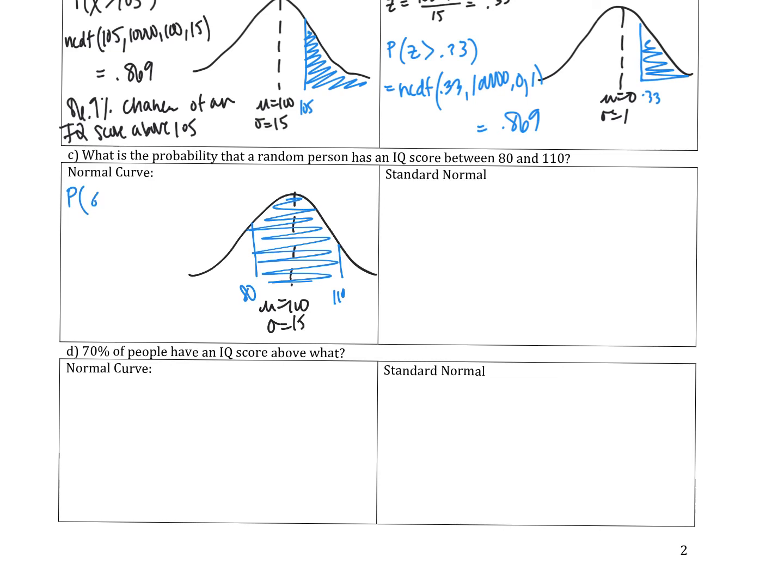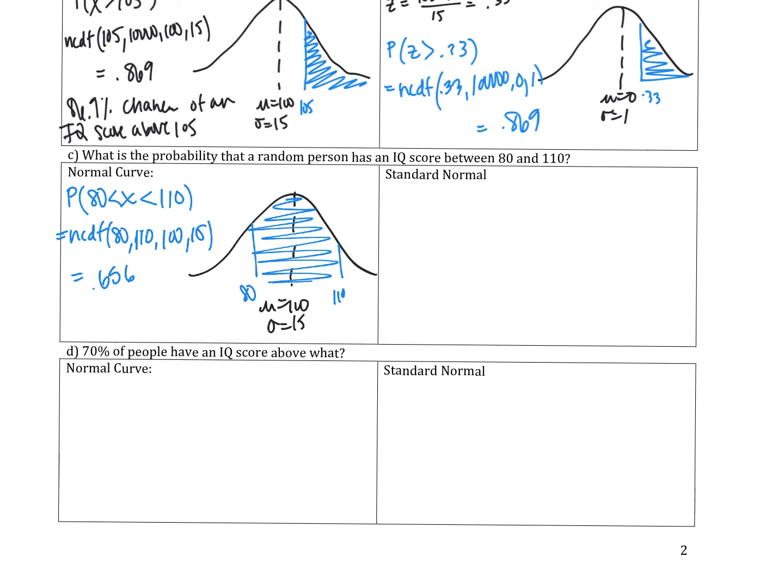Probability of x being greater than 80 but less than 110. Now in the normal CDF, I plug in the lower bound is 80, upper bound 110, mean 100, standard deviation 15, and I should get out 0.656. So there's a 65.6% chance of observing an IQ score between 80 and 110.